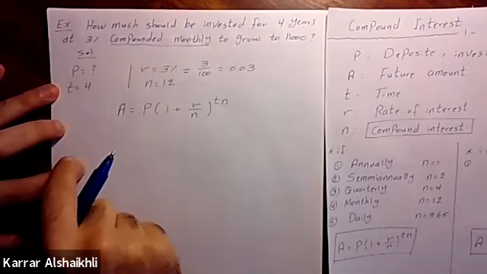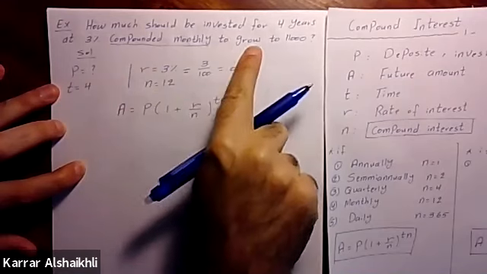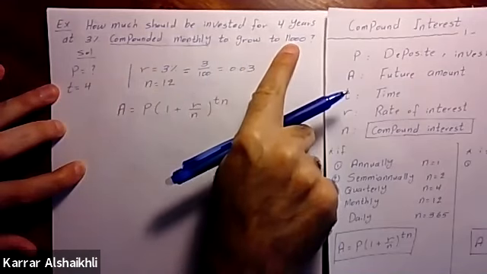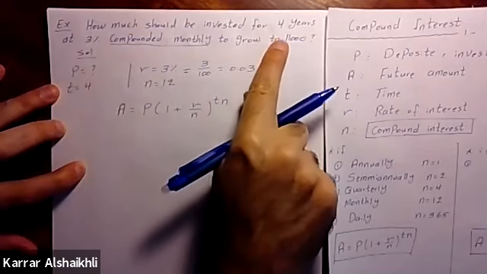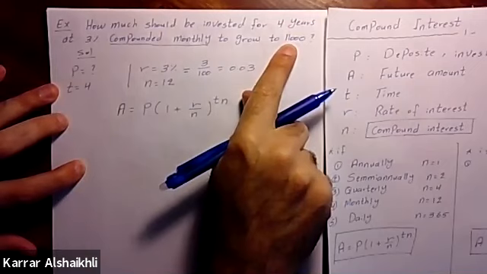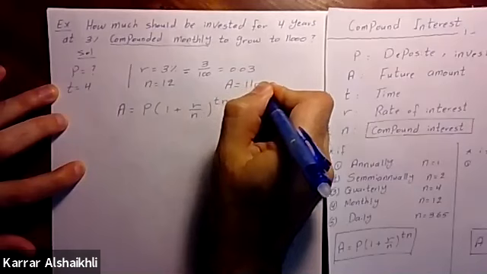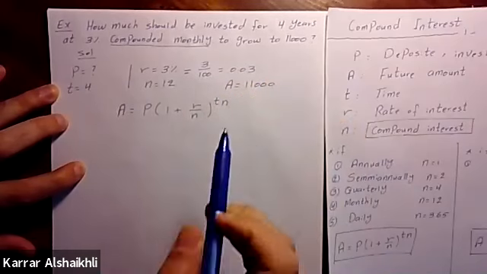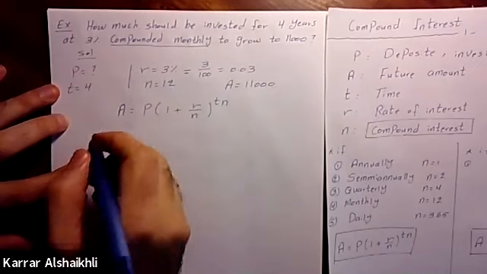I have all the information, but we're missing the amount to grow to, 11,000. That means how much you're going to invest to grow to 11,000. So the 11,000 is the future amount. So the future is 11,000. So now we need to find the P. So I'm going to plug in all this information here.